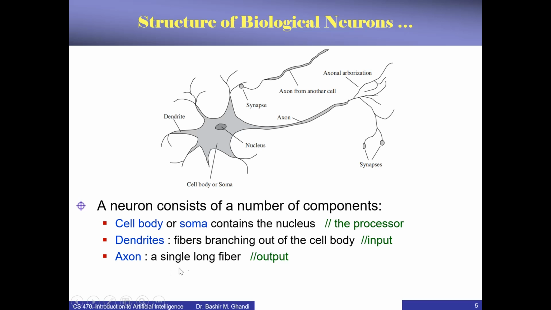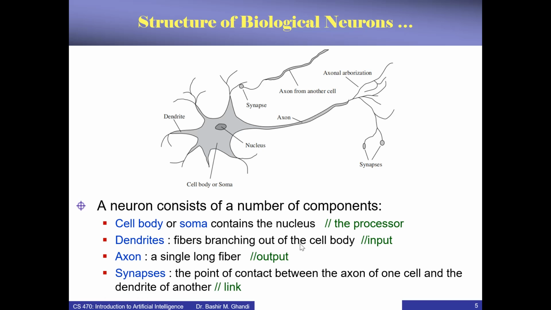So the axon is a single long fiber that branches out of the cell body, and it is actually the one that is used to transmit output to other neurons. Okay, so the dendrites are used to receive input, and the axon is used to transmit output. So you can think of it like our output device, therefore.